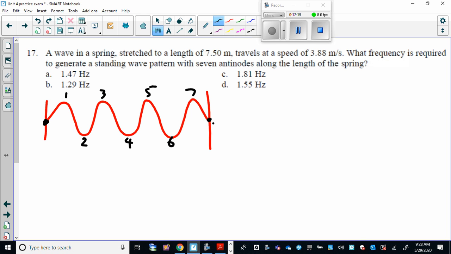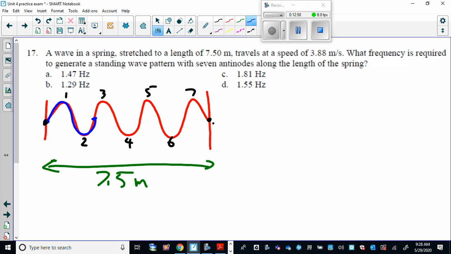And we want to know the frequency if it's stretched out to 7.5. So this is 7.5 meters. And what you have to ask yourself in this question is, if that's 7.5 meters and contains 7 antinodes, what is one wavelength? So here's one wavelength. How many meters is that?